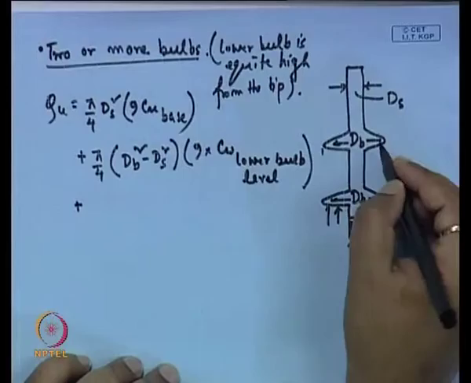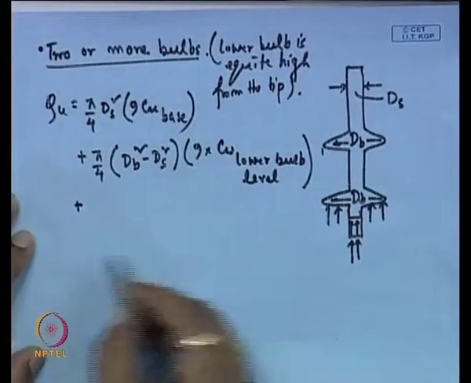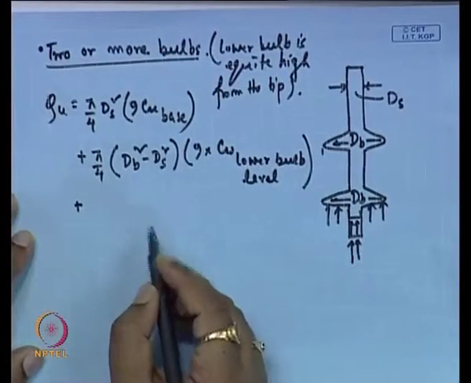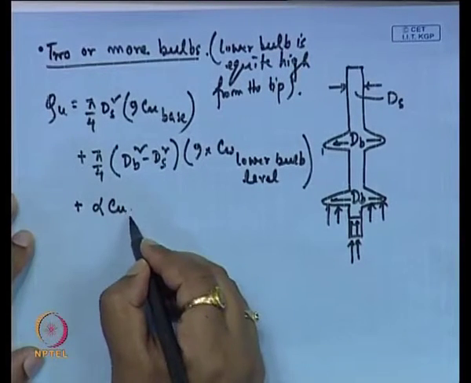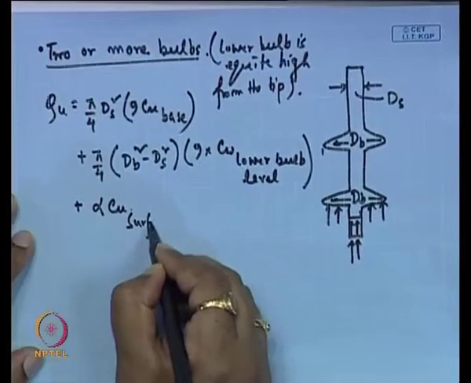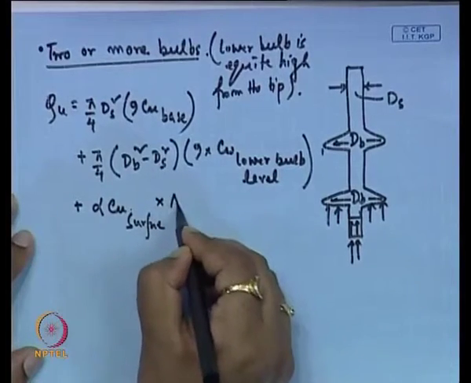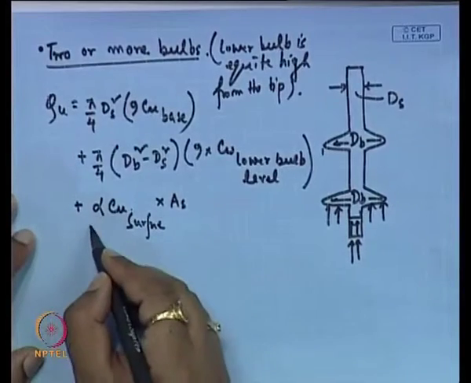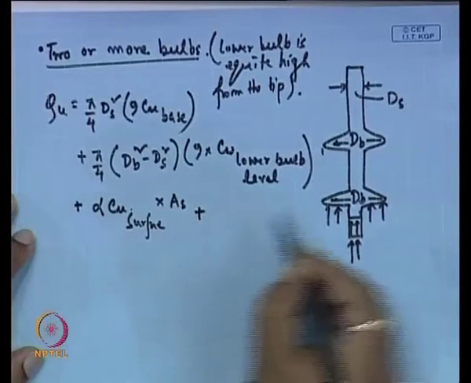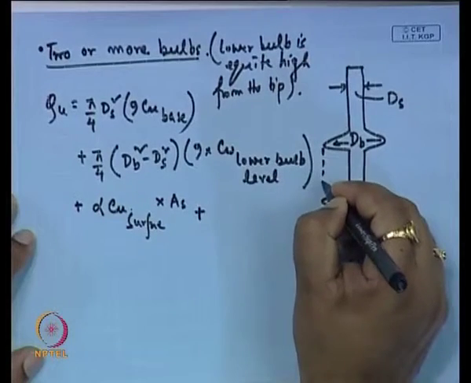Now, we will get the friction resistance. So, friction resistance as usual for the shaft, this is alpha into Cu at the surface into As as usual. So, this is the adhesion factor, plus here an additional one.